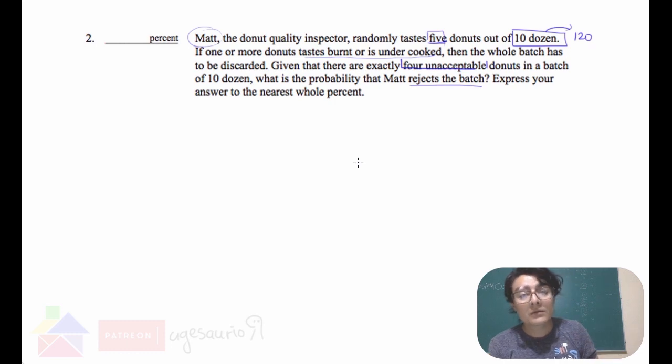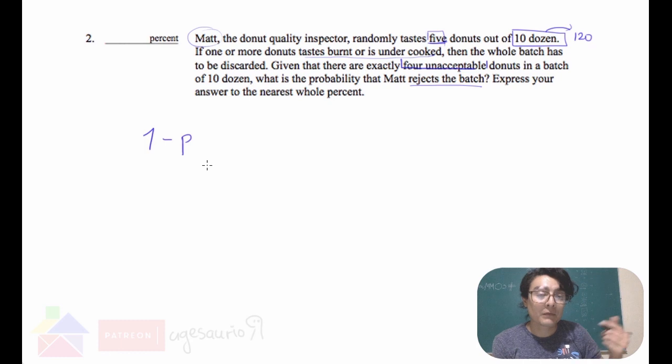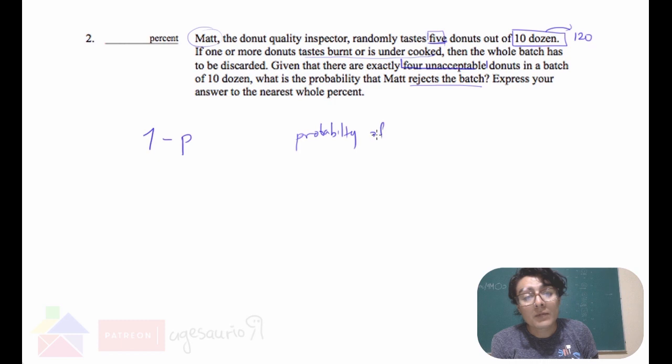So what we're gonna do is use a simple probability trick: finding the opposite of what we want, because counting the probability we were asked directly is complicated, since there are many cases. But it's fairly easy to calculate the probability of the batch not being discarded.